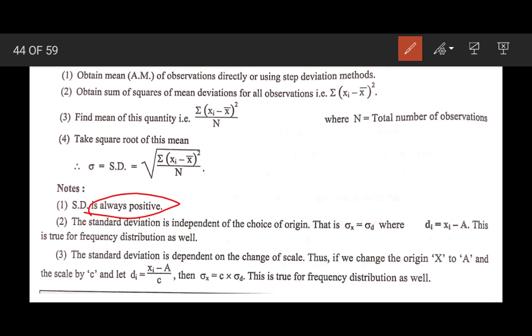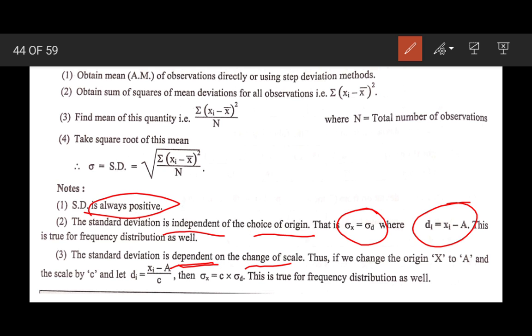Standard deviation is independent of the choice of origin, meaning sigma x will be the same as sigma d, where d is xi minus a. Now standard deviation is dependent on the change of scale. If you are changing the scale, then standard deviation will depend on that.